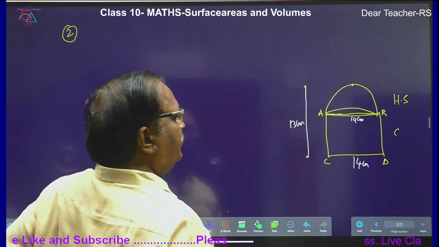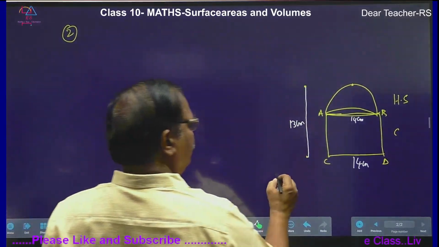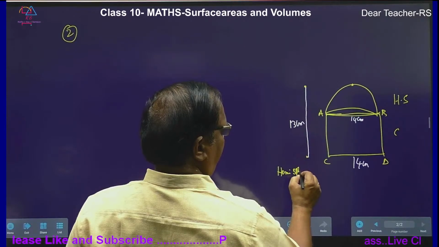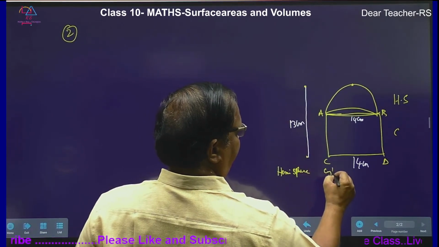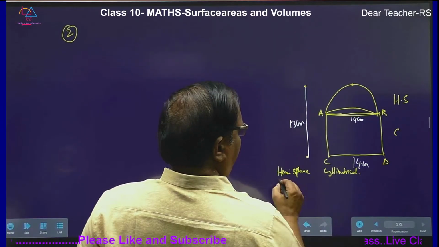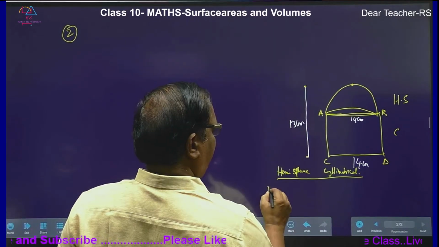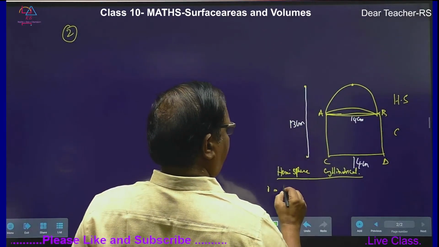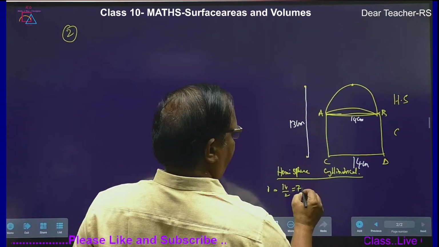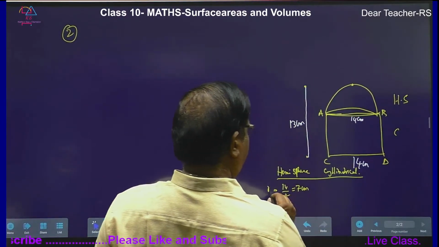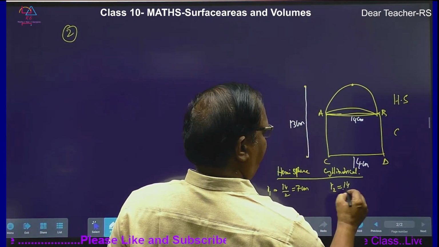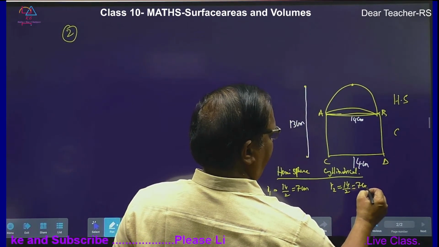So then let us divide into two figures. One is the hemisphere, the other one is the cylindrical portion. In this hemisphere, radius is equal to 14 by 2, it is 7 centimeters, and for the cylinder, let me say R1 for the hemisphere and R2 for the cylinder, R2 is also the same, 14 by 2, 7 centimeters.